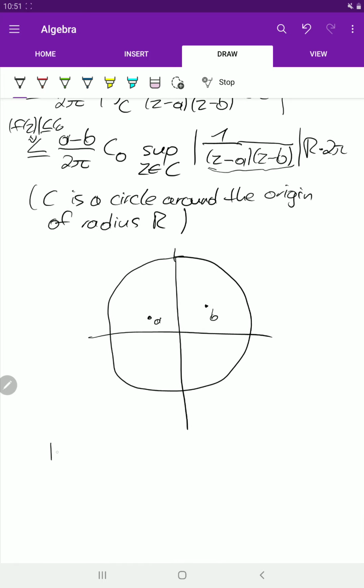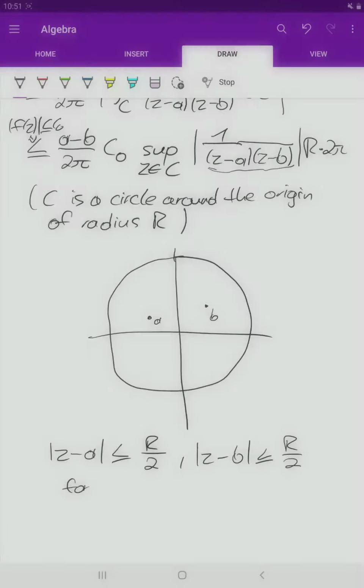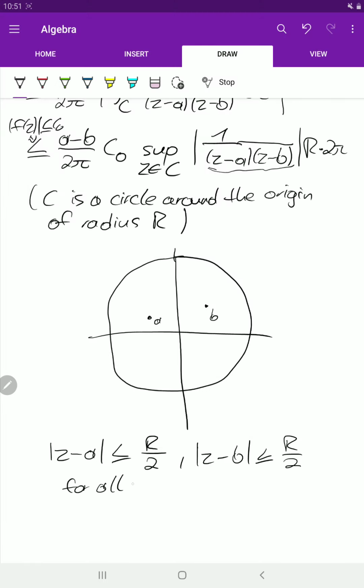So we want r to be such that the modulus of c minus a is at least r over 2, and also c minus b is at least r over 2 for all points on the circle of radius r.